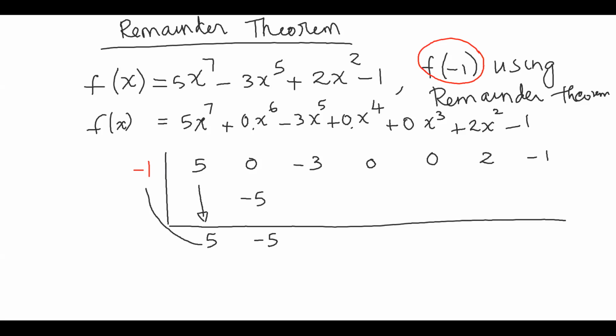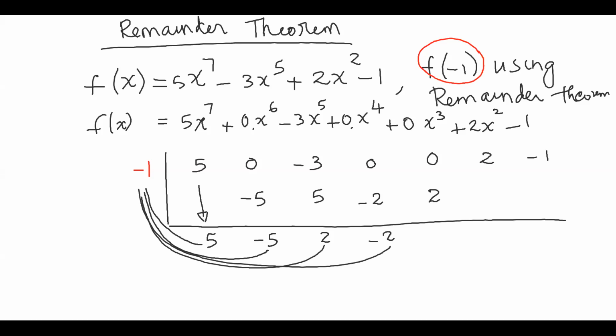You bring this one down and you do the same process: -5, and -5 plus 0 is -5, and then multiply, which is 5. 5 minus 3 is 2. 2 times -1 is -2. Then -2 comes, and then 2 times -2 is +2. Then you put the 2. Again, it keeps going. 2 times -1 is -2, so it's going to be 0. 0 times -1 is 0. The remainder is -1.